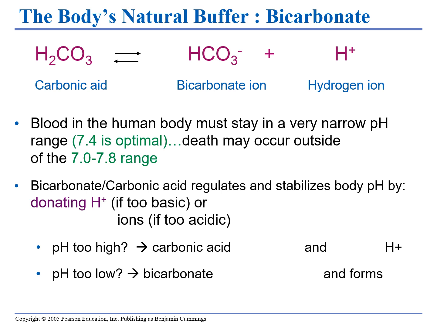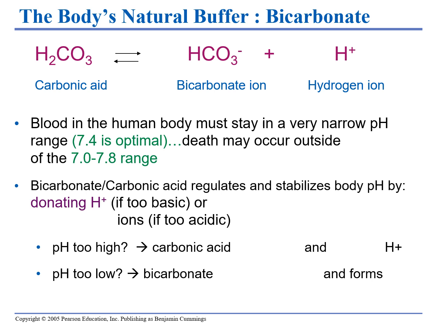Now, bicarbonate carbonic acid regulates and stabilizes body pH by donating H positive ions, which are hydrogen ions, if too basic, or it accepts hydrogen ions if it is too acidic. So you always want to balance it out. So buffers balance your pH out.